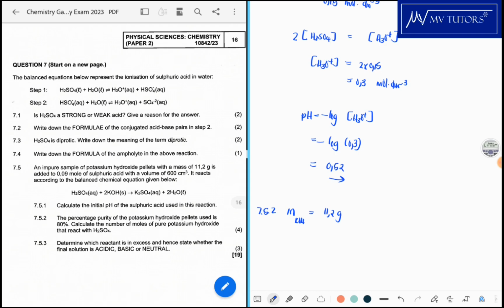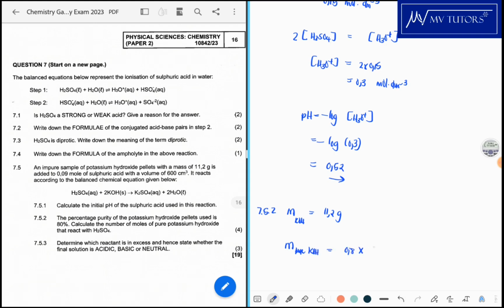Now calculate the number of moles of pure potassium hydroxide that reacts with sulfuric acid. So I'm just going to determine the mass of the pure potassium hydroxide, which is 80%.